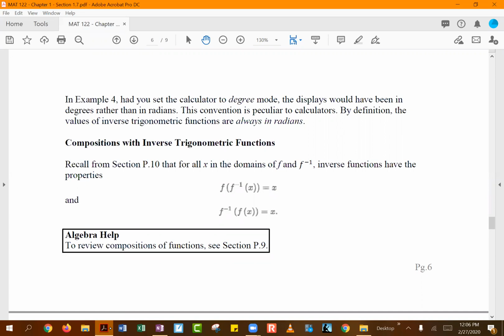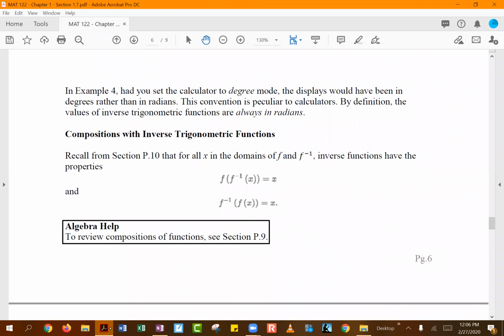All righty. Any questions so far? No? Okay. So we're getting into the composition part of these inverse trigonometric functions. And this comes down from your college algebra class. If you remember, in chapter 2, I think, we talked about if you take two inverse functions and you do their compositions, the answer always comes out to be x.